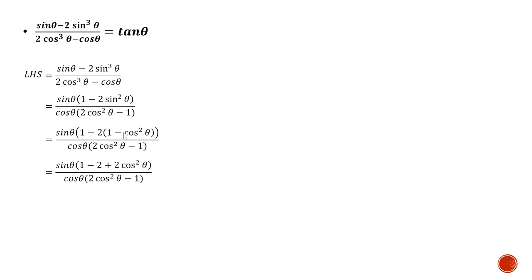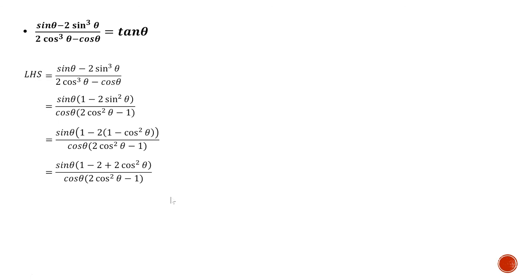Sine square is replaced by 1 minus cos square theta, because basically, as I said, we have to keep our eyes open. Cos is existing here, so if we attempt to make this sine square also in terms of cos, it will be easier for us for further simplification. That's what I did, and eventually I multiplied this 2 inside, so that's what I got here.